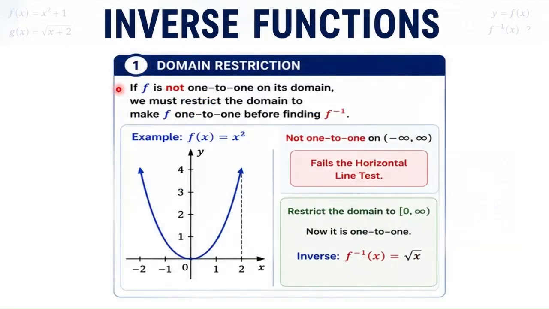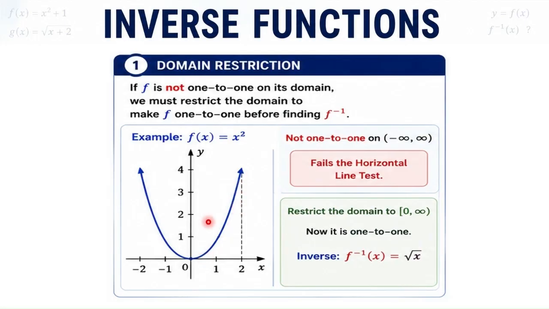Even when a function is not one-to-one, we can sometimes make it one-to-one by restricting its domain. Consider the function x squared. Over all real numbers, it does not have an inverse because each positive output comes from two different inputs. However, if we restrict the domain to non-negative values of x, then every output corresponds to exactly one input.